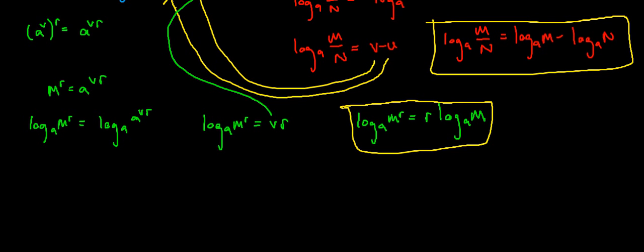So now that we've done that, I'm going to do one problem. And what it's going to involve is expanding a logarithm. Let me just write it out. So log base 2 of, what did I do?